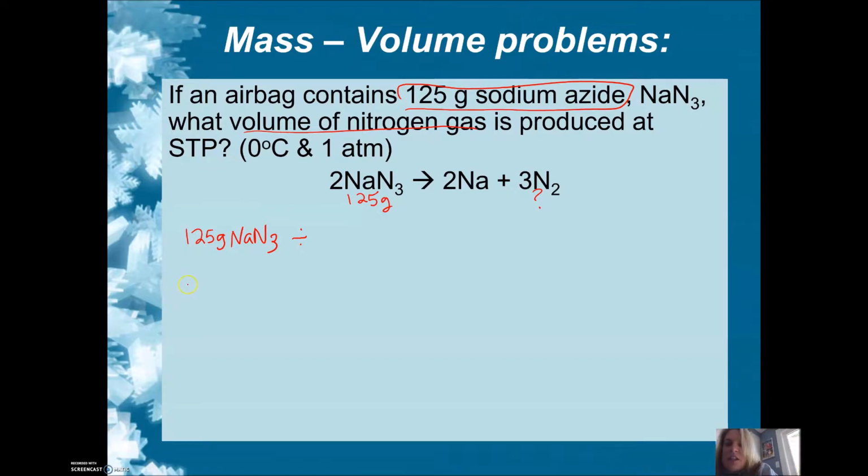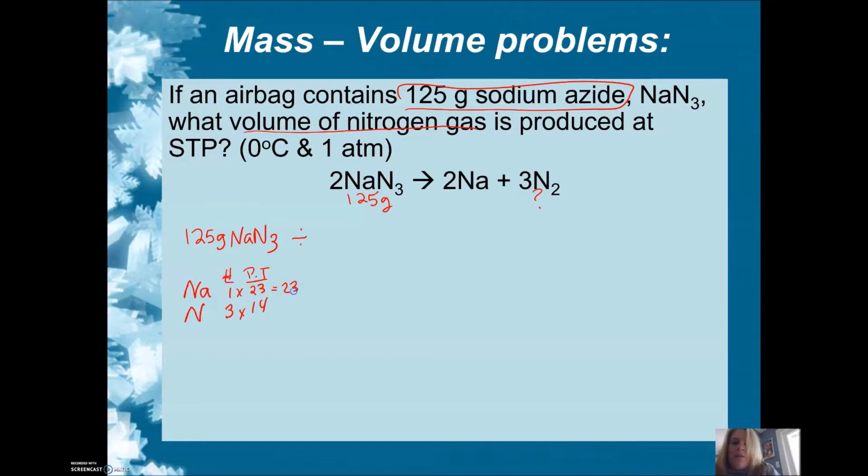So I'm going to make a little molar mass table here. We have Na and we have N, and I always do number of elements, and then the atomic mass from our periodic table. We only have one sodium, and on the periodic table, sodium is like 22.99, so I'm just going to round that up to 23. Nitrogen, there are 3 nitrogens in my formula, and on the periodic table, nitrogen is 14, so we're going to multiply these numbers by that.